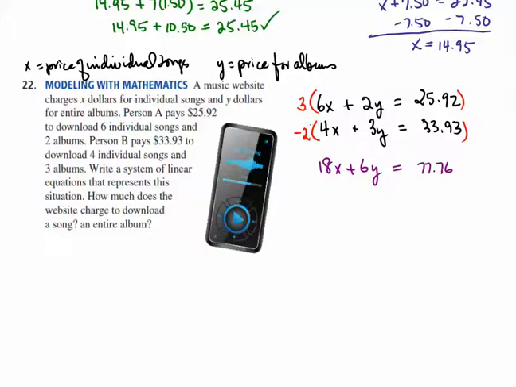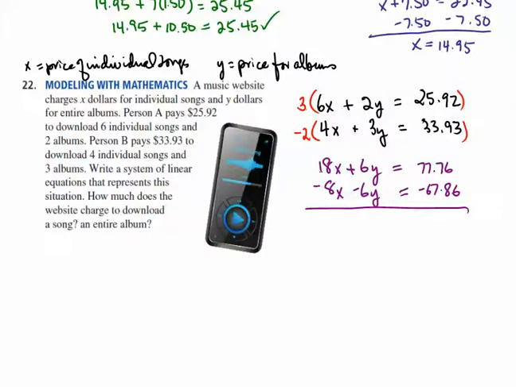Next, -2 times 4x is -8x, minus 6y is equal to negative 2 times 33.93, and that is equal to negative 67.86. Now we're ready to add down.